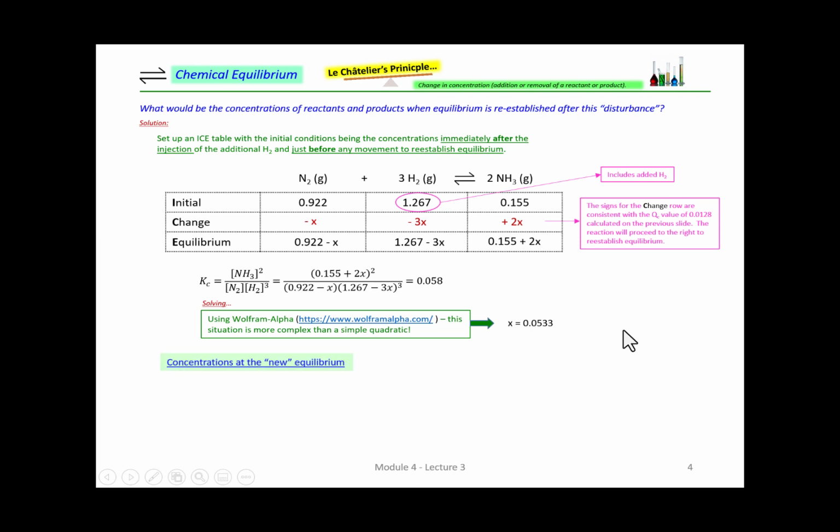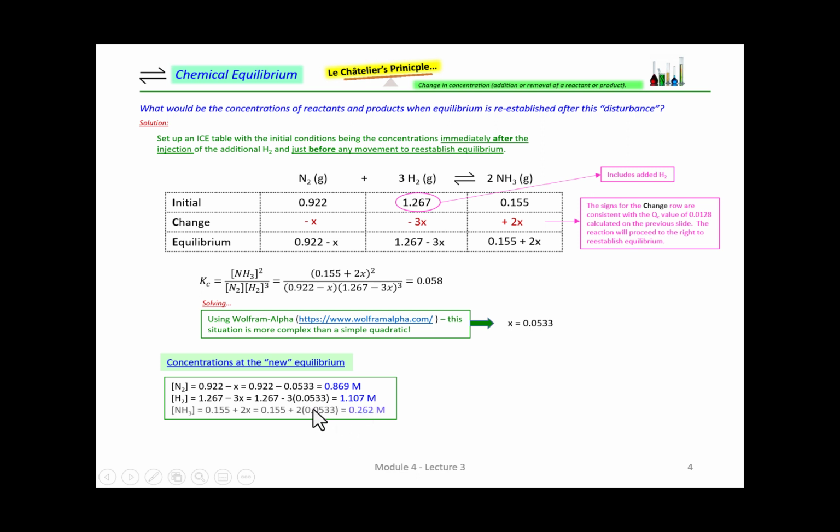So let's calculate the concentrations at this new equilibrium. The concentration of nitrogen would be 0.922 minus x, or 0.922 minus 0.0533, or 0.869. The concentration of hydrogen at the new equilibrium would be 1.267 minus 3x, which turns out to be 1.107.